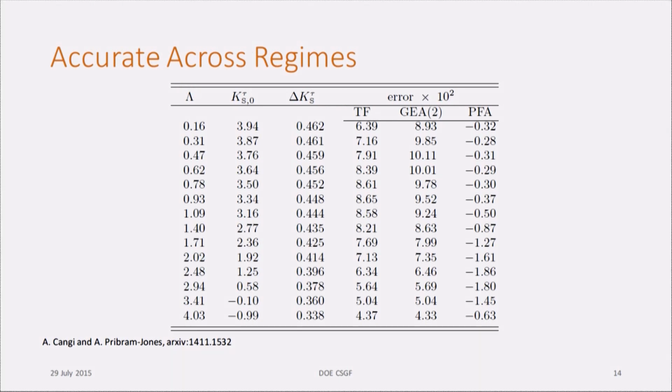And you can see that if we look at this lambda here, this lambda is a parameter that we use to express how close we are to the warm-dense matter regime. It's a ratio of temperature and chemical potential, or Fermi energy, depending on how you talk about those things. And it lets you find where you're going to have comparable influence from kinetic energy and potential energy. So if you look at around 1, that's where we'd be in the warm-dense matter regime. This far right column is our potential functional approximation.